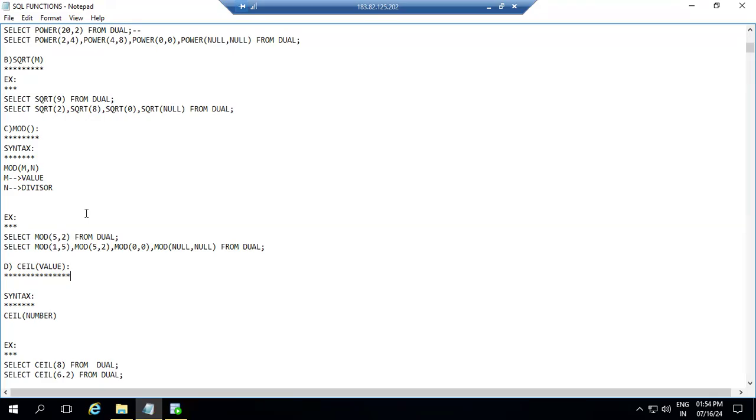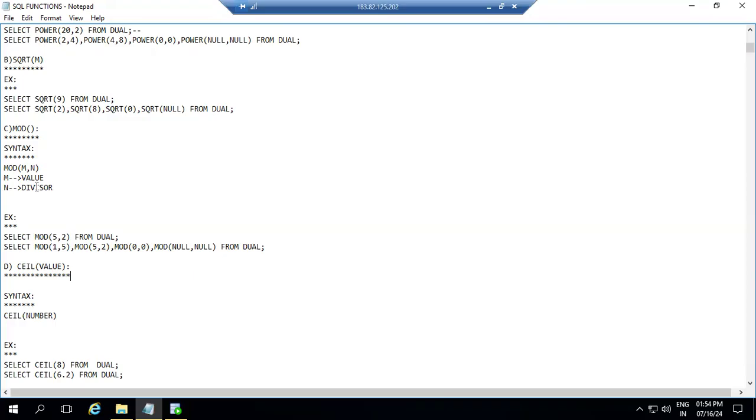When February has 28 days, is it a leap year or not? Yes, 29 is a leap year. 28 is not a leap year. So how to find out whether a particular year is a leap year or not? We use this mod function.